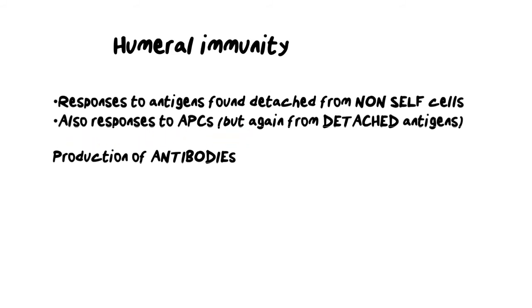So humoral immunity can also be in response to antigen presenting cells, but again, this is from detached antigens. And also it is the response of antibodies. So rather than perforin and T killer cells, we're talking about the production of antibodies.